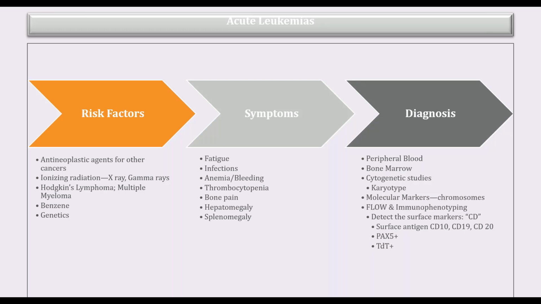So karyotype and molecular markers, they'll be looking for possible chromosomal defects, and flow and immunophenotyping would be looking to detect surface antigen markers, or the CD. So surface antigen CD10, 19, 20, PAX5 and TdT positive are all used and helpful in identifying the lineage in these acute leukemias. So be on the lookout for those as well.